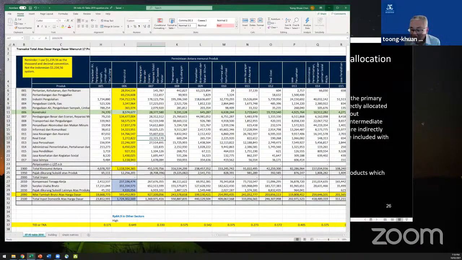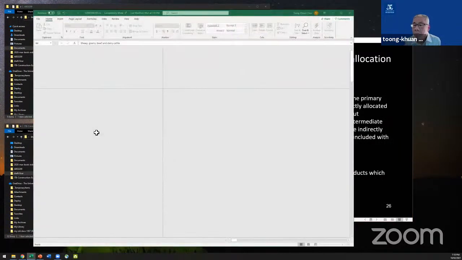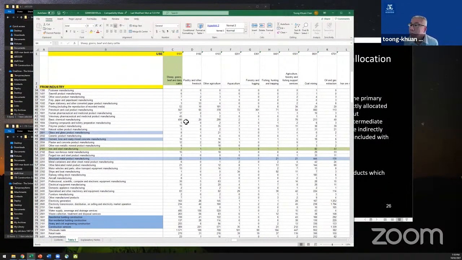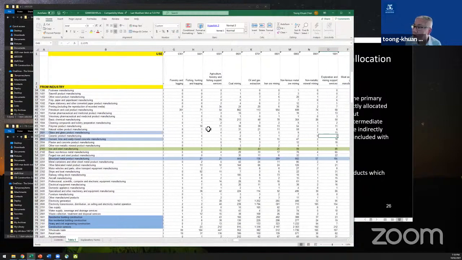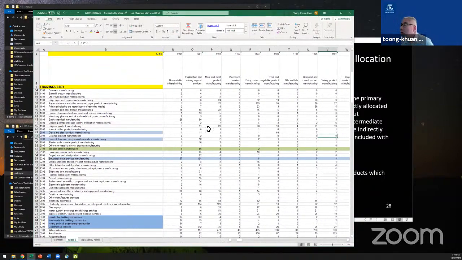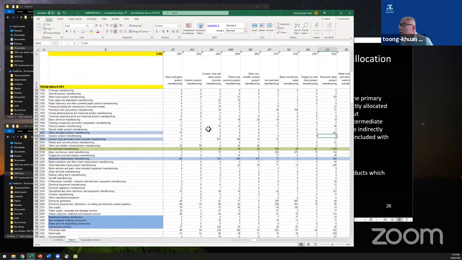This one doesn't work. Let me show you the Australian one. So this is table 5 for the Australian one. And where is construction?